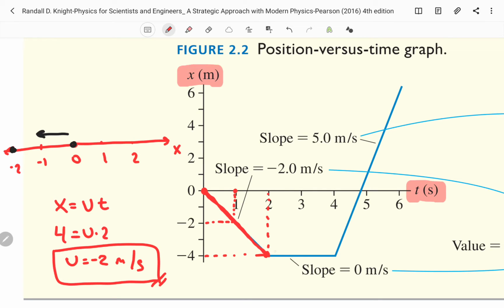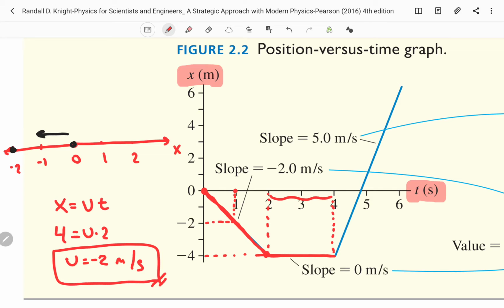Now, after 2 seconds, what happens? Position remains constant: -2, -4, -4. After 2 seconds, or at time 4 seconds, it's still position -4. What does it mean?